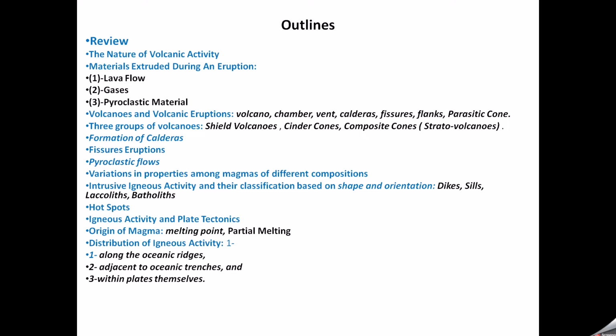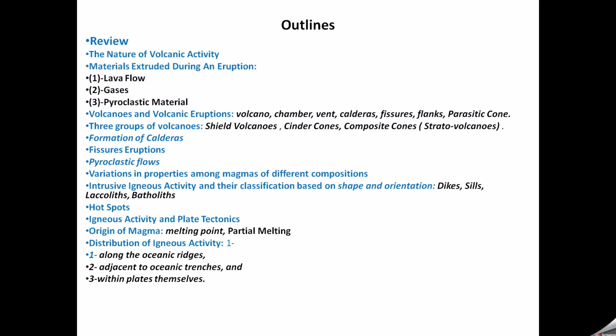And then three main groups of volcanoes: shield volcanoes, cinder cones, and composite cones, or stratovolcanoes. Formation of calderas, fissure eruptions, pyroclastic flows, and variations in properties among magmas of different compositions.